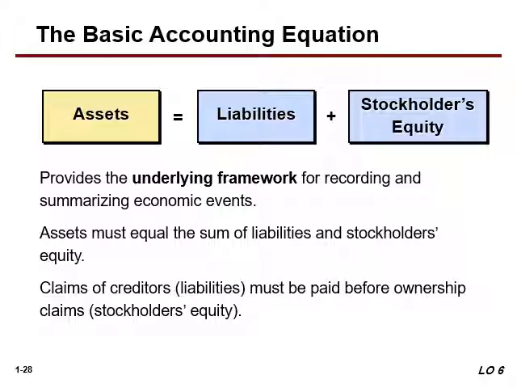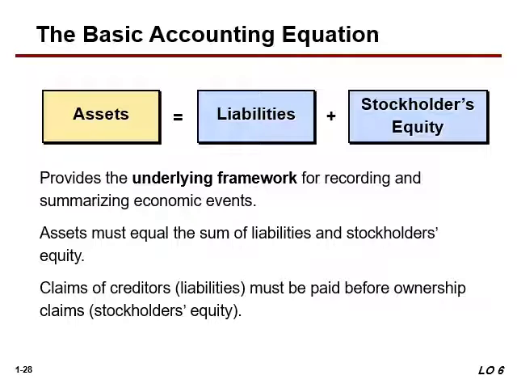Now we are going to explain the basic accounting equation: assets equal liabilities plus stockholders' equity. Assets are our resources, which have future expected benefits to the organization, liabilities are the claims or obligations, and stockholders' equity contains the common stock and retained earnings.